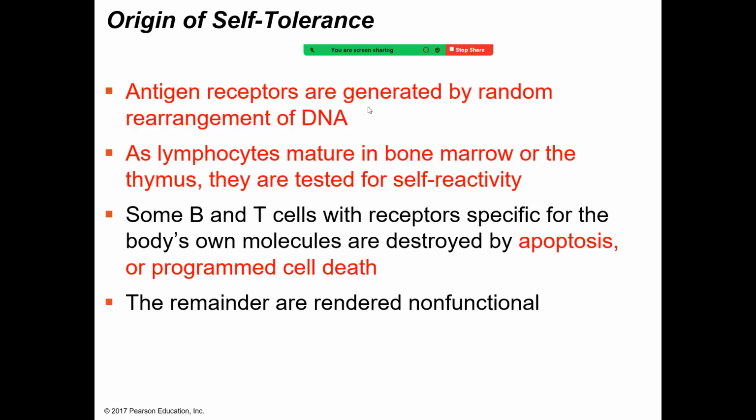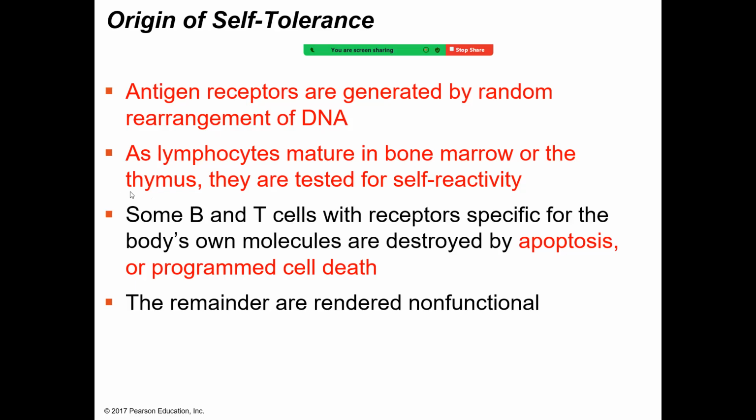Again, very complex genetic systems, which are super interesting to learn more about. As the lymphocytes mature in either the bone marrow or the thymus, remember B cells mature in the bone marrow, T cells mature in the thymus.